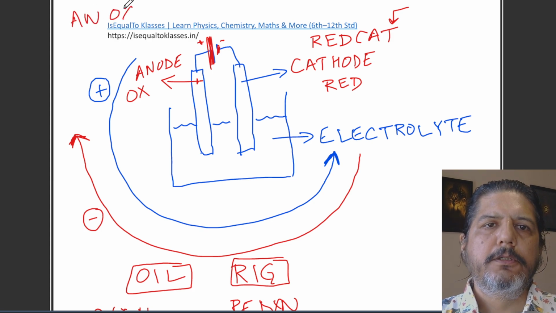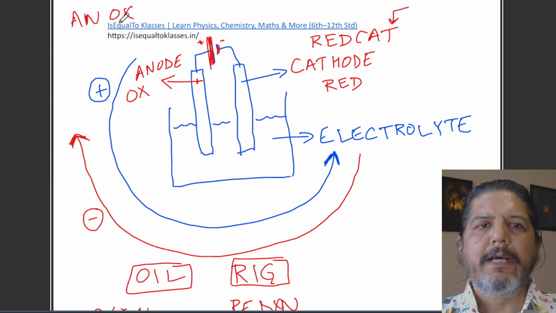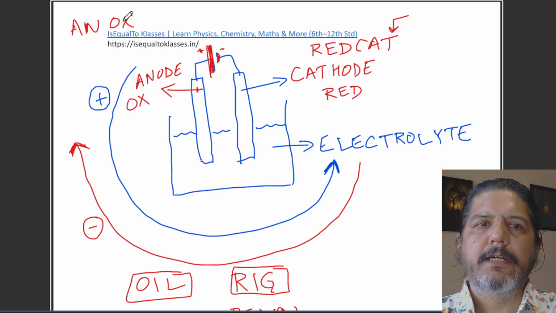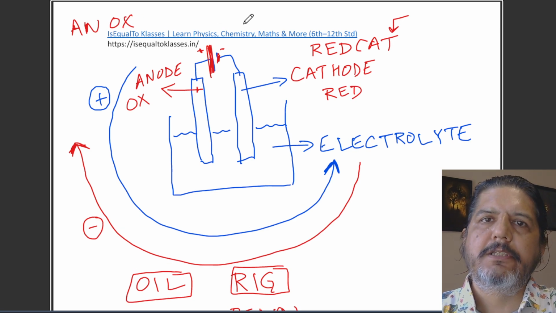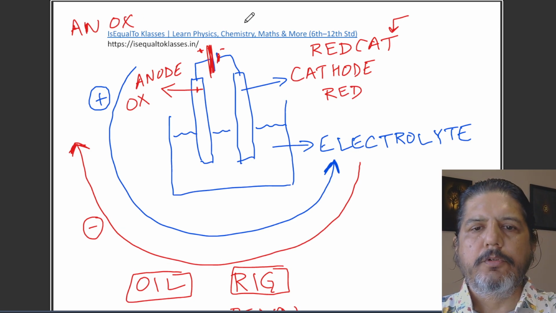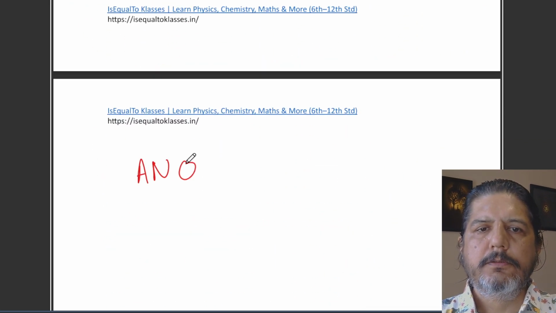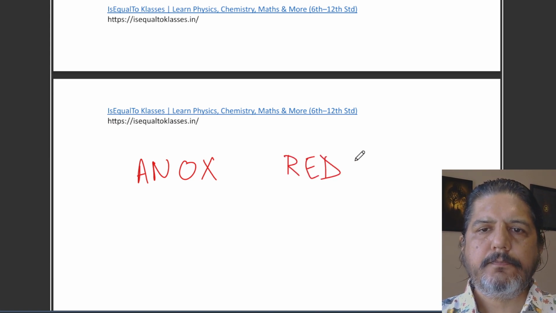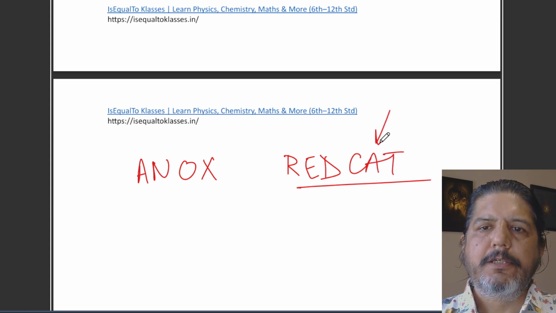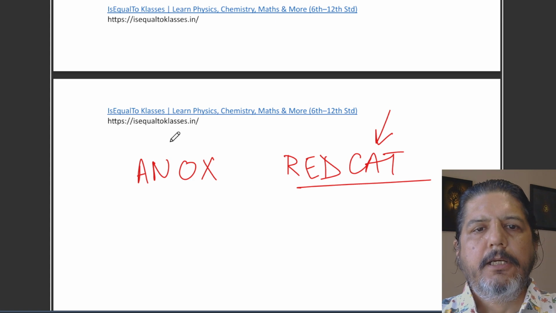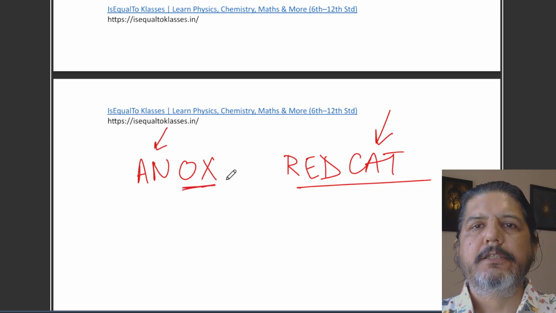What does an ox imply? An ox implies that the oxidation will always take place at the anode. So this is a mnemonic that you can remember: an ox, red cat. Reduction will always take place at the cathode, and at the anode oxidation will always take place.